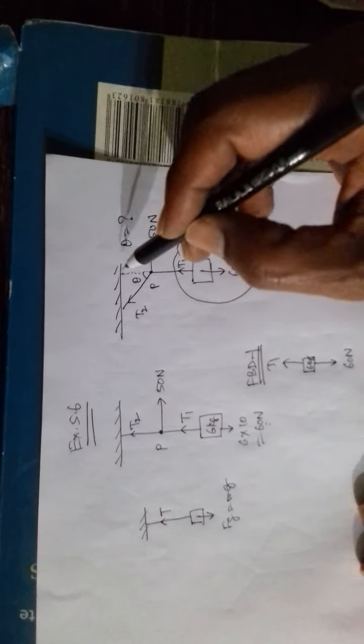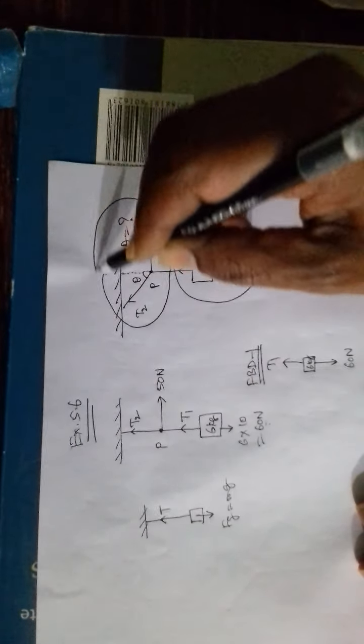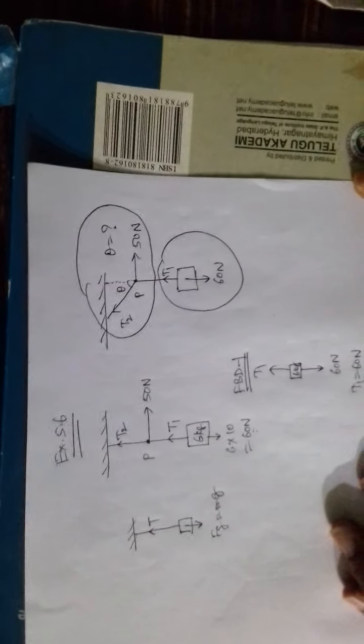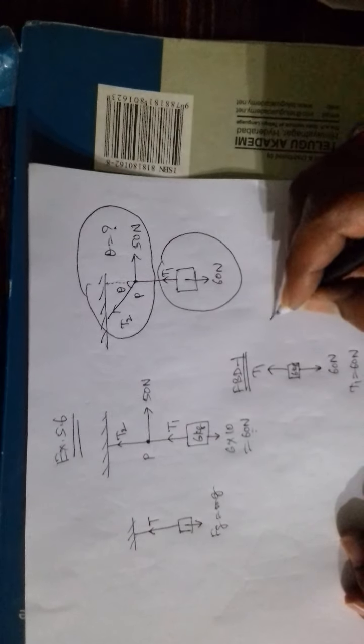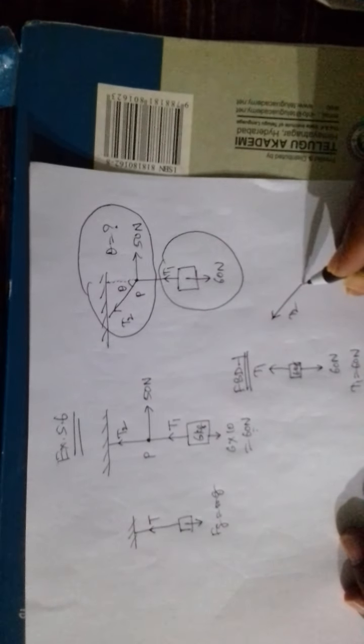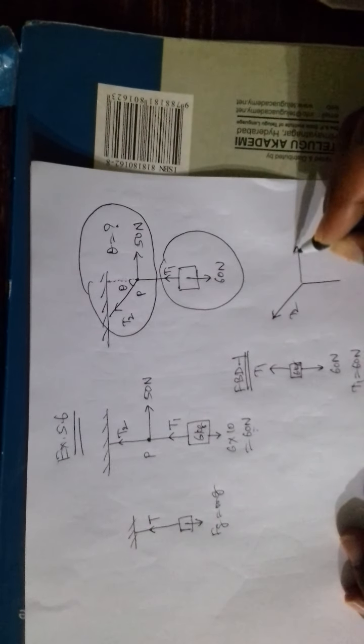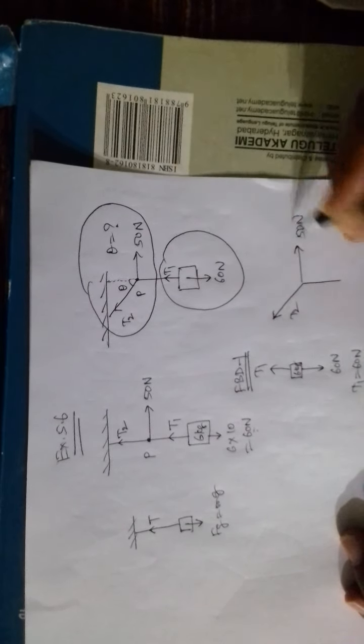Now let us take another free body diagram. Here T2, here horizontal force 50 newtons.